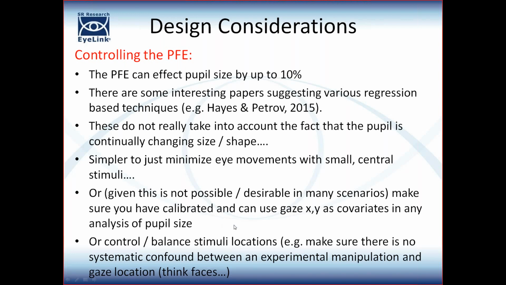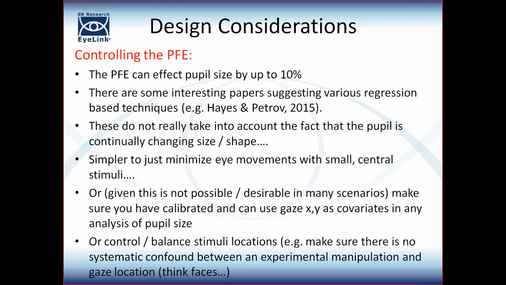The other obvious thing to do is to make sure that there's no systematic confound between your experimental manipulation and gaze location. In other words, make sure you balance your stimuli location. You haven't always got the target appearing on the left; it appears equally often on the left or the right.